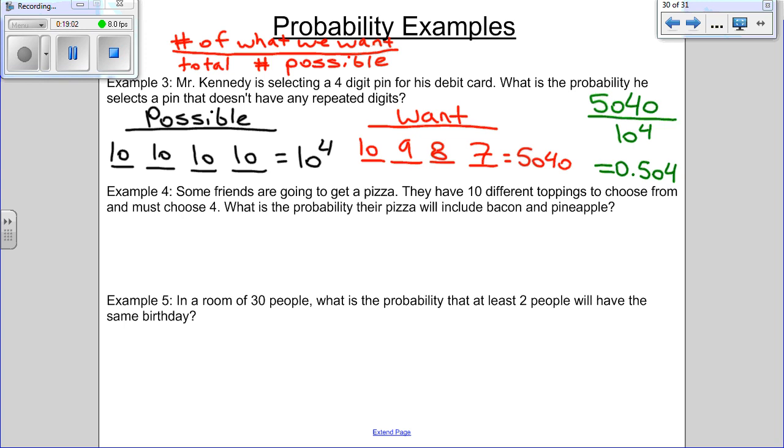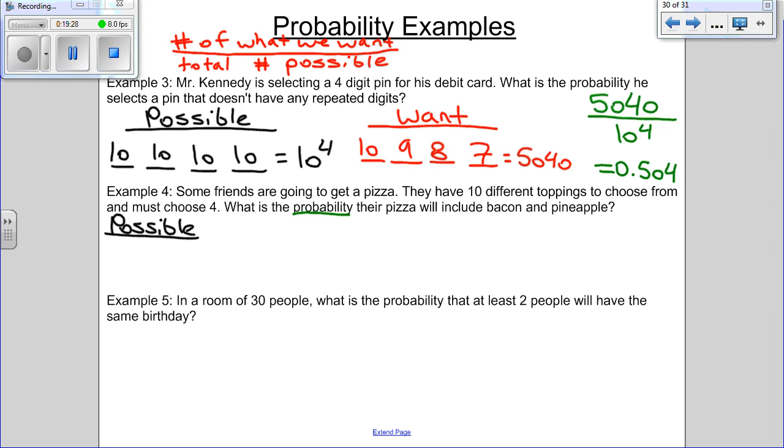Alright. Probability. I need to do possible and want. Possible. I've got 10 toppings. I need 4 of them. Does the order in which I select those toppings make a difference? Definitely not.